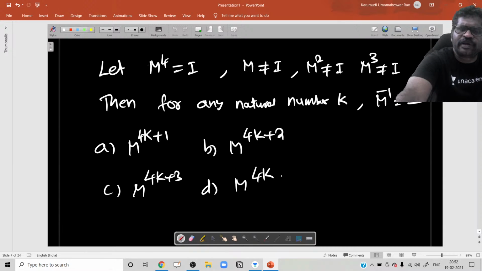Observe, same problem. M power 4 is I. If M power 4 is I, we have to find out M inverse: is it M power 4k plus 1, or 4k plus 2, or 4k plus 3, or 4k?